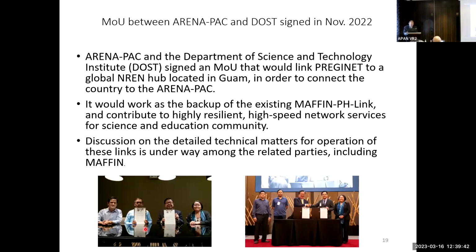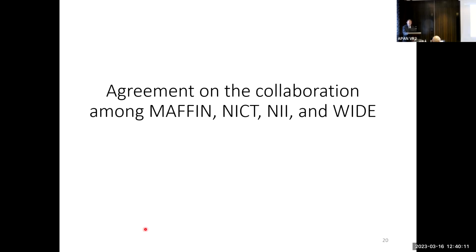We welcome this MOU because it will work as the backup of the existing MAFFIN PH link and contribute to a highly resilient, high-speed network service for the science and education community. And discussion on the detailed technical matters for operation of these lines is underway among the related parties, including MAFFIN.